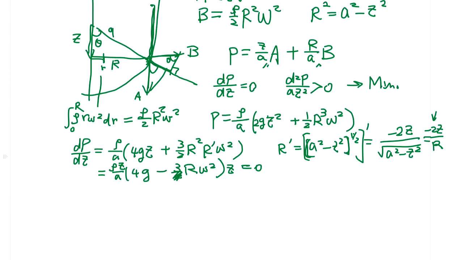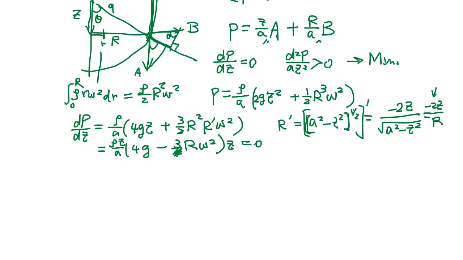Okay, so we're talking about the condition for this to be 0. So 4g equals 3R omega square.